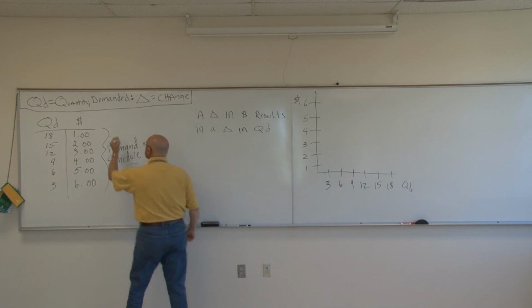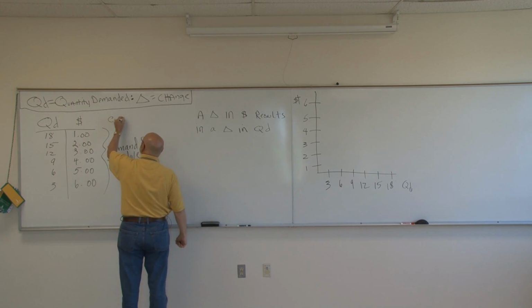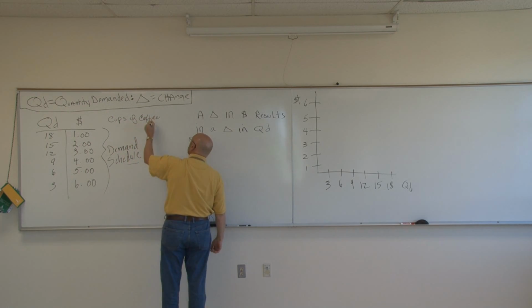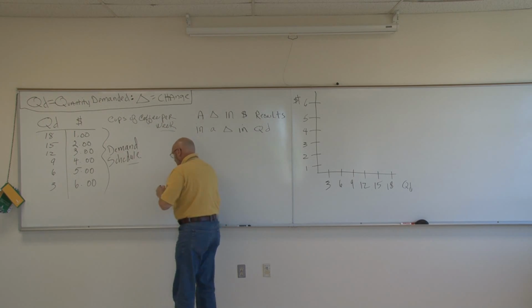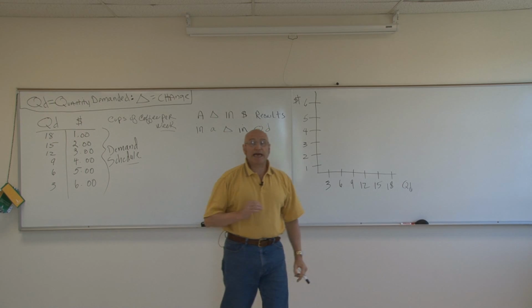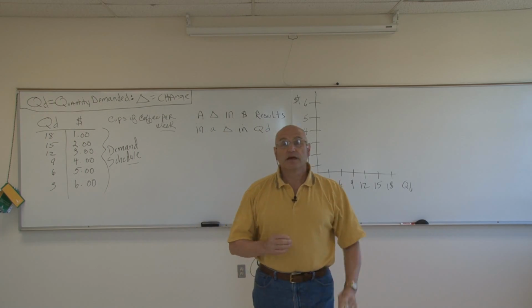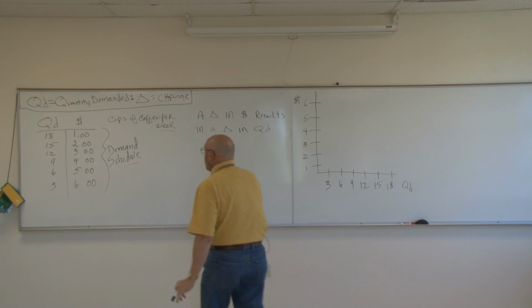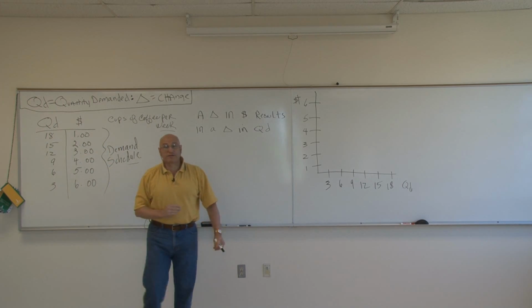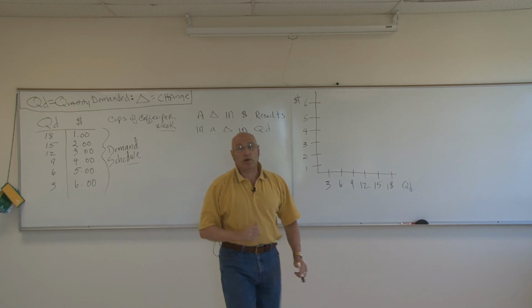Let's assume this is cups of coffee that you buy per week. If the price of coffee is $1, you will purchase 18 cups of coffee that particular week. If the price of coffee is $2, you will purchase 15 cups of coffee that week.